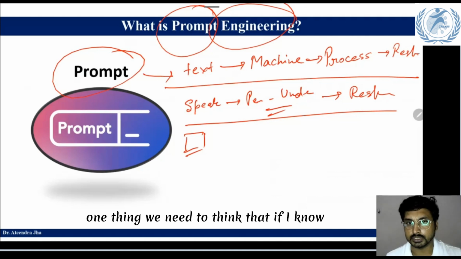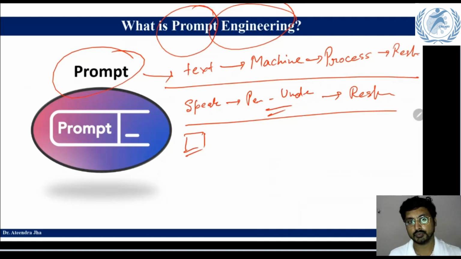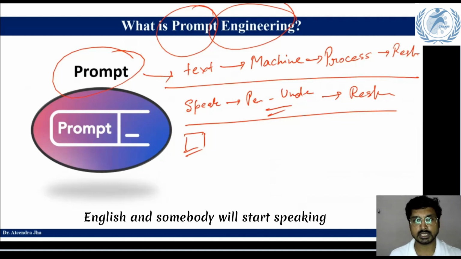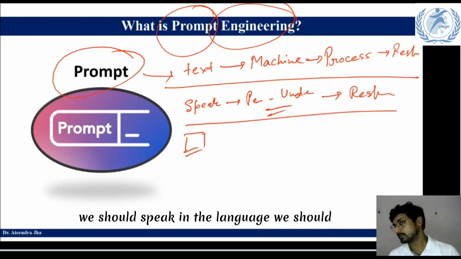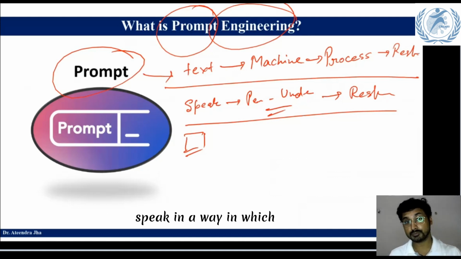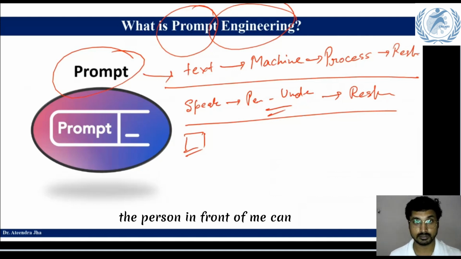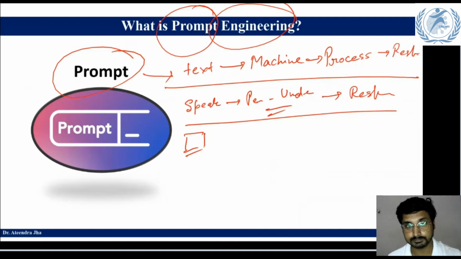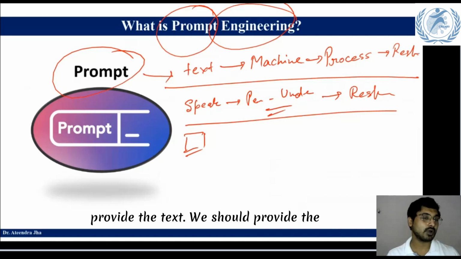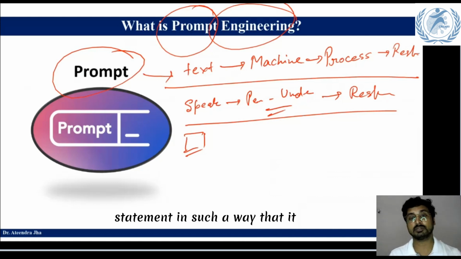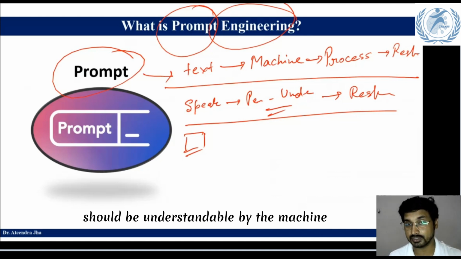One thing we need to think: if I know English and somebody starts speaking in French, will I understand? No. That means we should speak in a way in which the person in front of me can understand. Same way with the computer, we should provide the text, we should provide the statement in such a way that it is understandable by the machine.